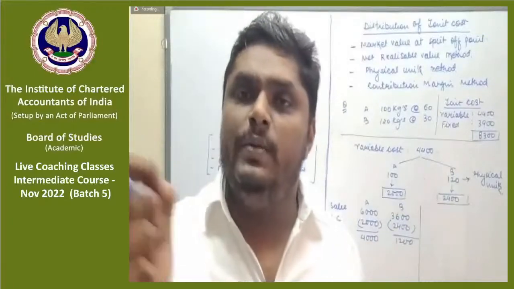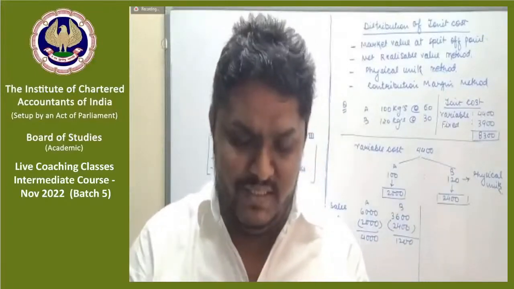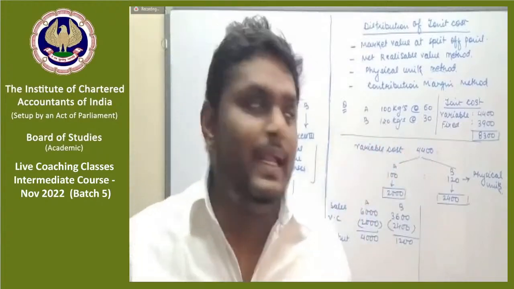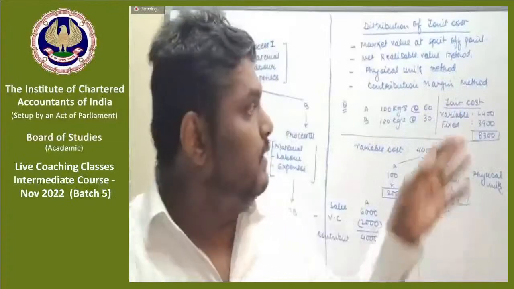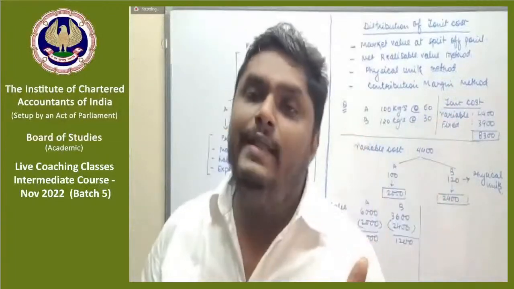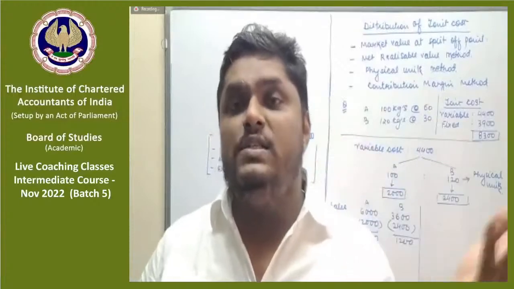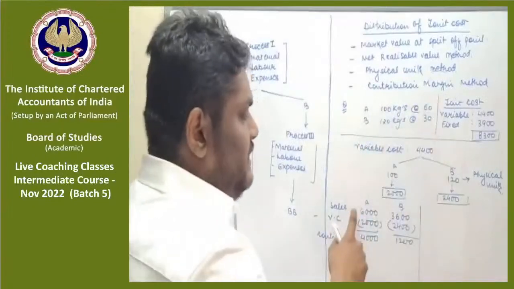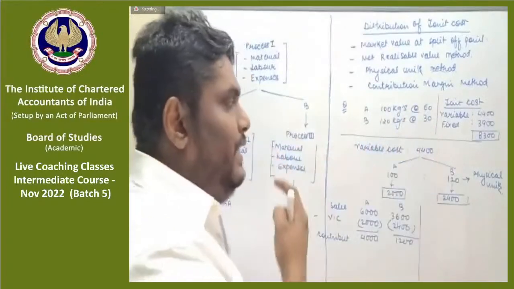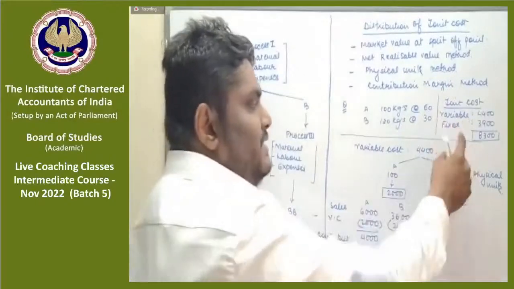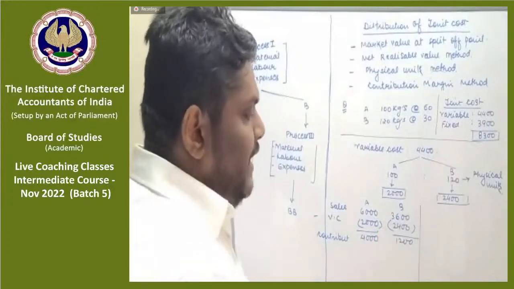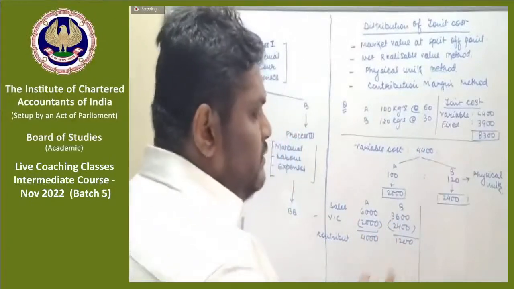Now, this fixed cost 3,900 is to be distributed in the ratio of contribution, and the contribution we need to calculate, that is sales minus variable cost as distributed. So my sales is 100 into 60, that is 6,000, and 120 into 30, that is 3,600, minus the variable cost as distributed, that is 2,000 and 2,400. So accordingly, we will get the contribution, that is 4,000 is to 1,200.